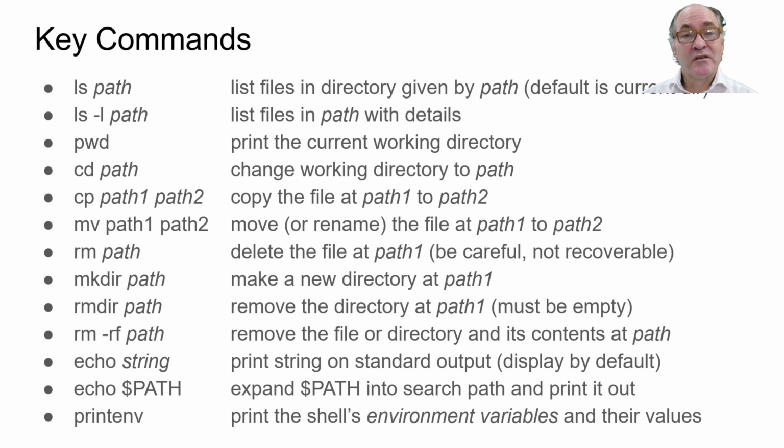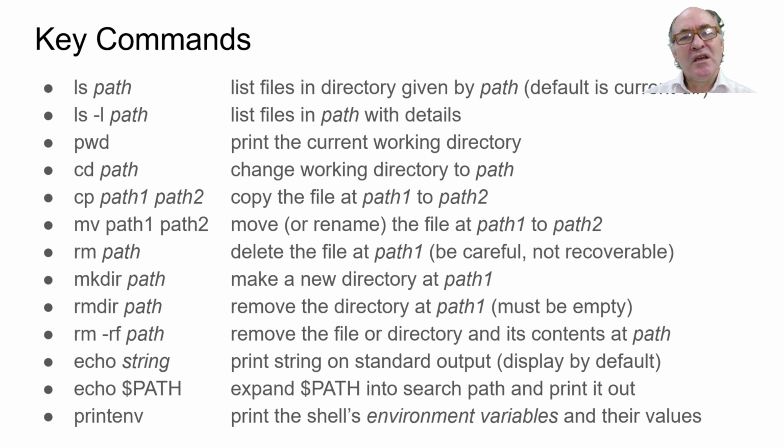So you say cp space a path to the first file space a path to the second file. Now the paths can be absolute or relative or a mixture of the two. Okay? If you don't remember what absolute and relative paths mean, go back to the video on paths, and you'll also get some practice using these ideas in the exercises that are coming up.